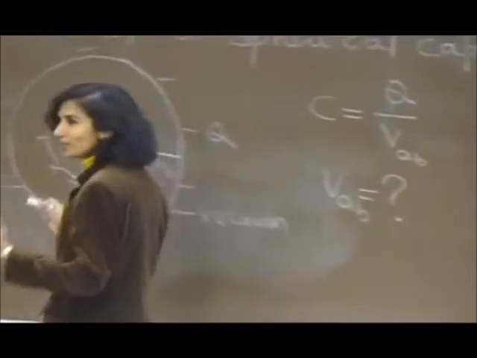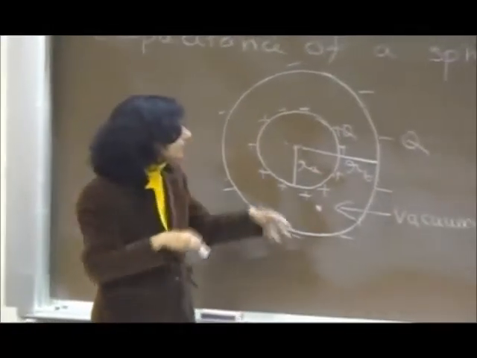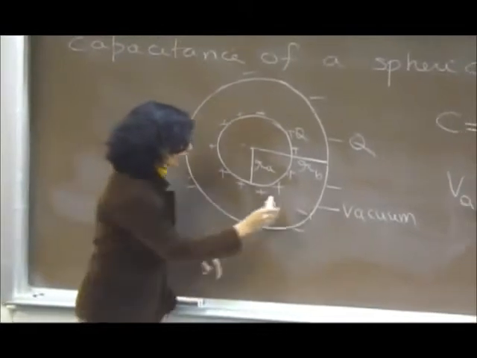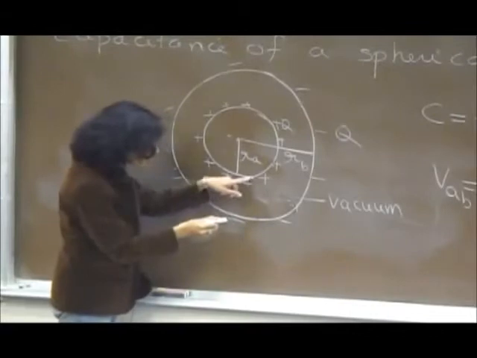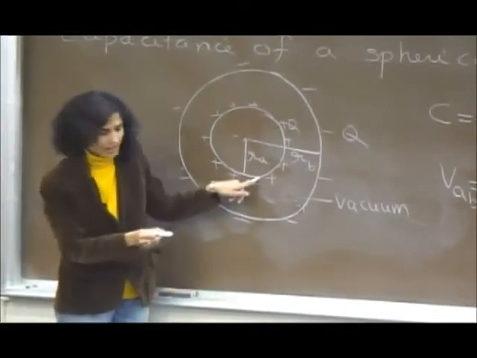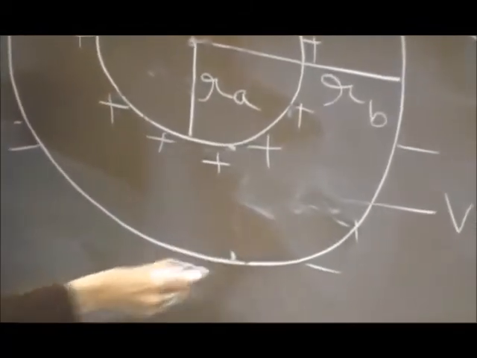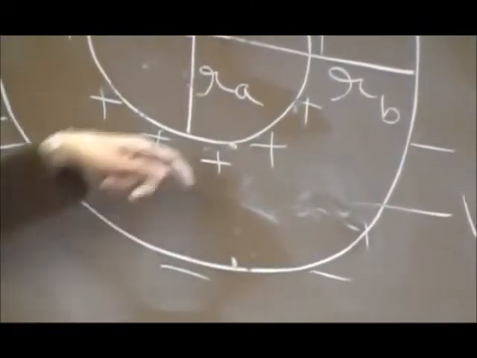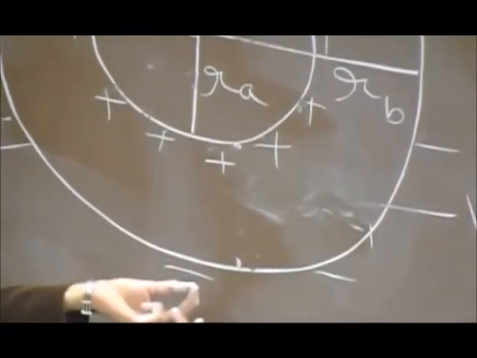Okay, so using this logic, now I want to figure out what is the difference in potential, say, between this point which is really, really close to this positive plate and a point which is infinitesimally close to the negative plate. You're almost touching the negative, but you're right there.